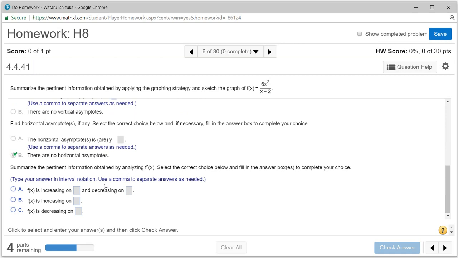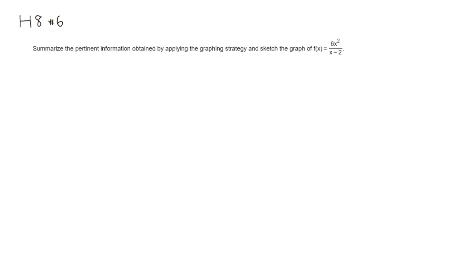Then we want to find the increasing and decreasing behavior, so we need to look at the derivative. Let's take the derivative. f prime of x is equal to, by the quotient rule, we're going to square the denominator, so we have x minus 2 squared.